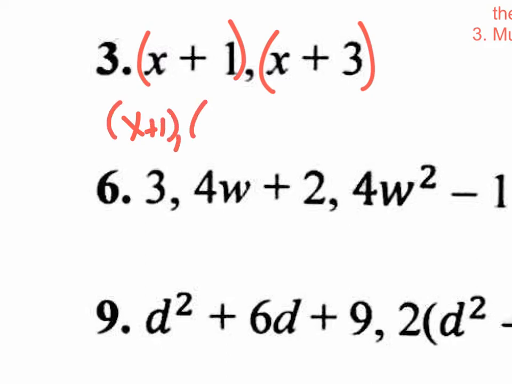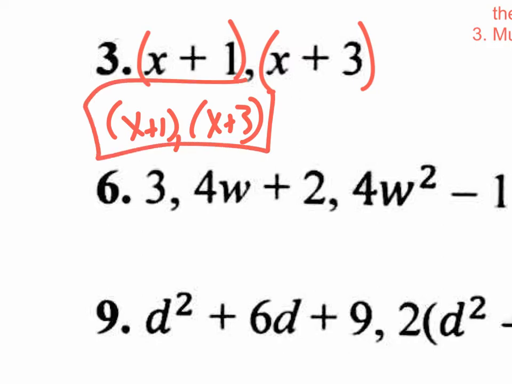And you bring down the other one, which is x plus 3. And of course, your LCD or your LCM will be multiplying them both together. So that is your answer, both of those together with multiplication. There was nothing in common that we could circle and write down once. Does that make sense? Moving on.